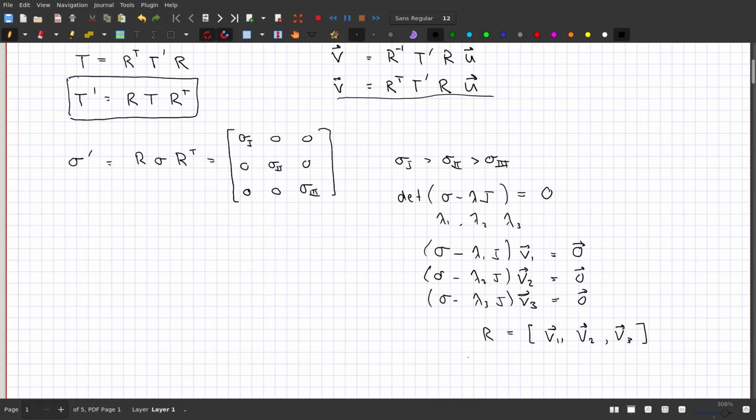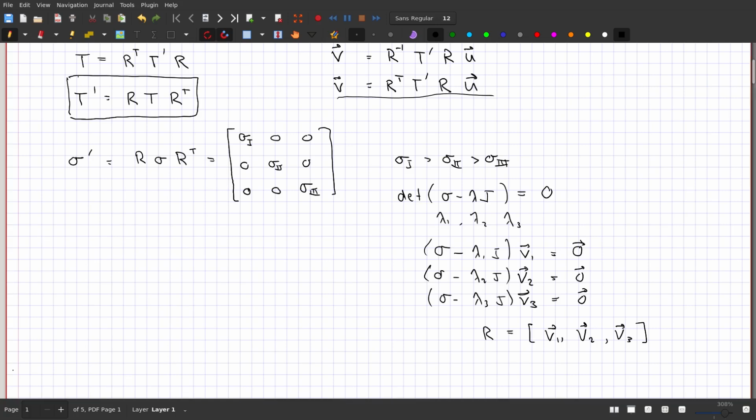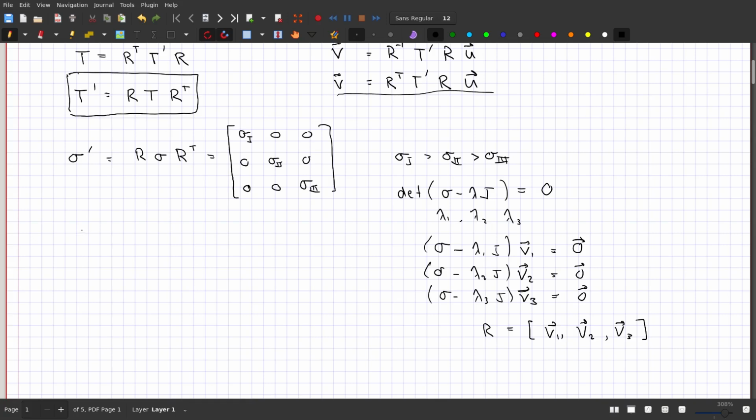So a lot of times you'll see it written more generically, where a matrix A can be decomposed into Q lambda Q transpose, where Q is again your eigenvector matrix, and lambda is then a diagonal matrix of the eigenvalues.